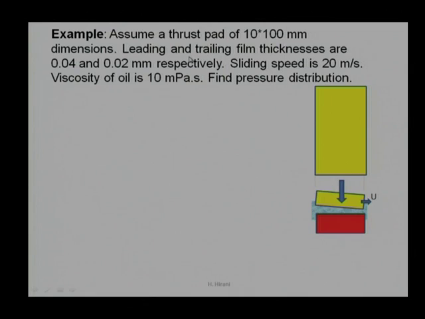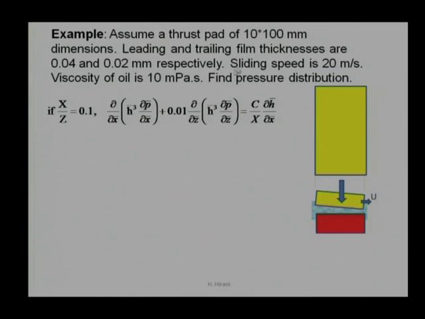Once we know these dimensions, we will be able to figure out what will be the film thickness at any cross section, at any value of x. Tangential velocity is provided in the question, and viscosity of lubricant is also provided. So, what is required now is to find the pressure distribution, how pressure will distribute on this surface.